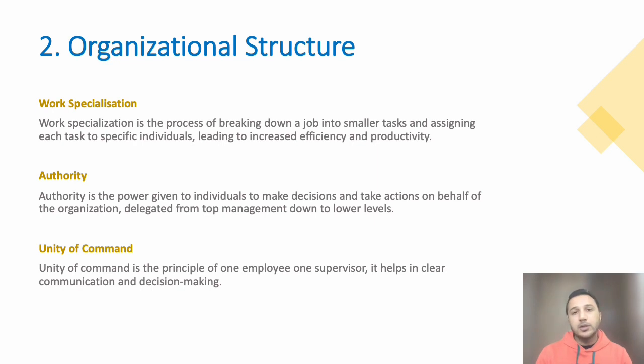Authority: in each organization, individuals are given certain authority and they are made responsible to exercise their authority and to ensure that the results are being obtained. In an organization, the authority flows from the top to the bottom.